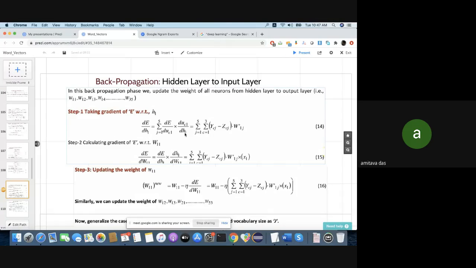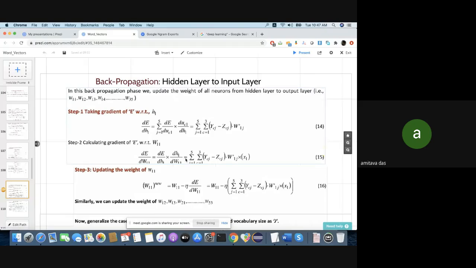That change is a double summation, from context window 1 to 3, O11 to O31, and all the context words J1 to J5. We rewrite this as YCJ minus ZCJ as we did earlier, and call this W'1J. Now we add the multiplication by x1, because we have to change the value of x1 as well. That is the input for the input layer.